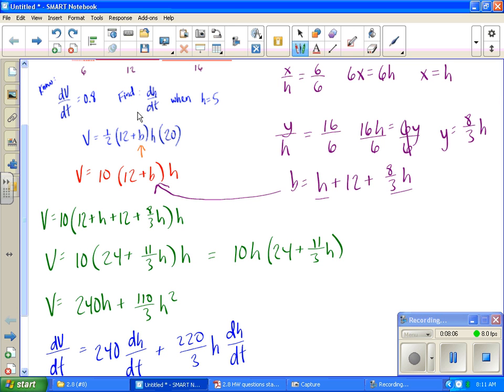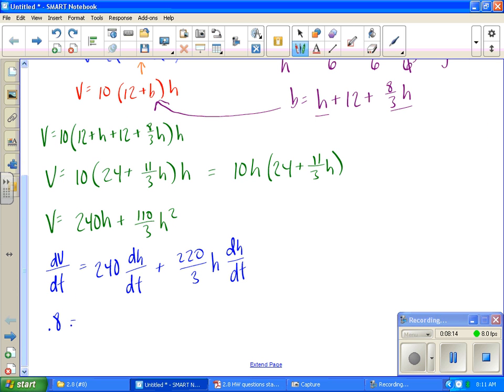We want to find dh dt, so I'm going to factor a dh dt out of this side, and then we know h is 5. And then you just divide by this piece, right?